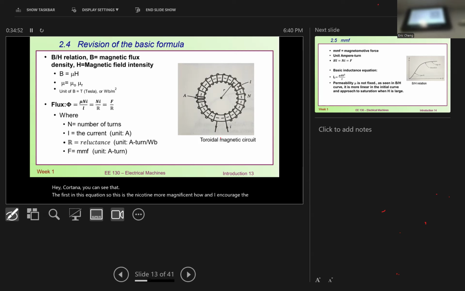Number of turns, we produce more number of turns to increase the linking to the conductor. And then the path length L in here. So that is how much path it goes through. It looks like an opposition term, some kind of resistance. So this gives us the first linear relation, divided by these two terms. So these two terms we call the reluctance, the opposition term.